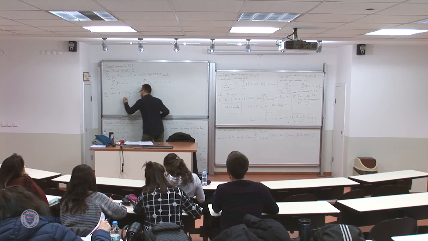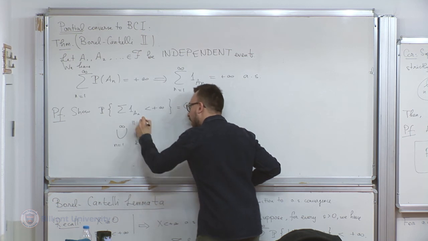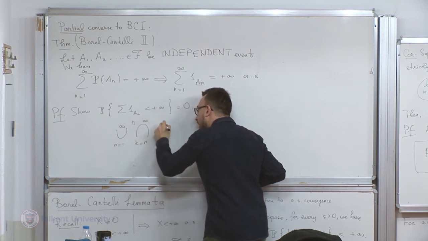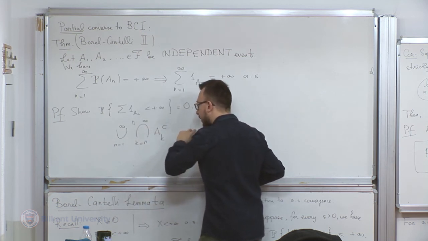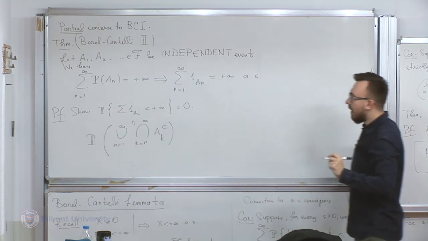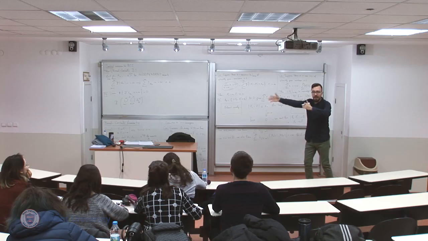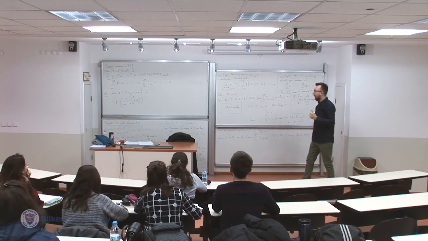So there is some index after which it never happens. Okay? Convince yourself that these two things are equivalent. So the sum of indicators is finite means what? There is some index after which you never have that event happening. So it is always the complement that is happening.